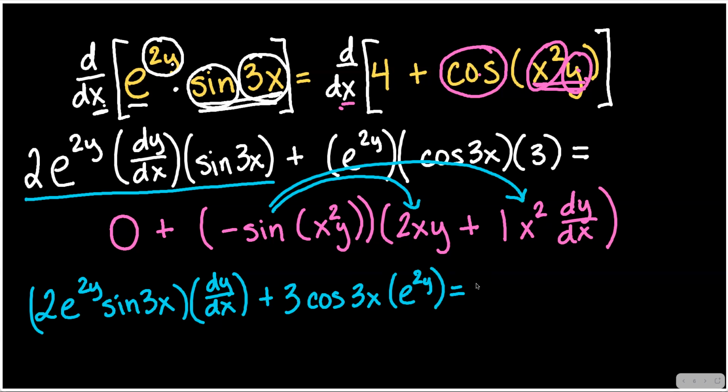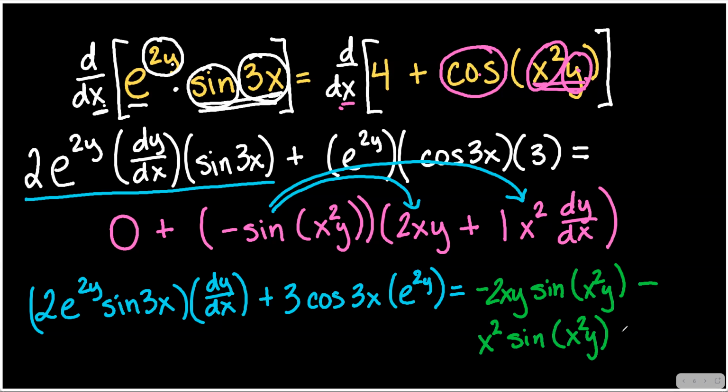So I've got negative 2xy sine of x squared y minus, distributing it again, minus x squared sine of x squared y dy/dx. So you can see how this is getting sloppy to look at, but we just have to keep track of each individual piece here.